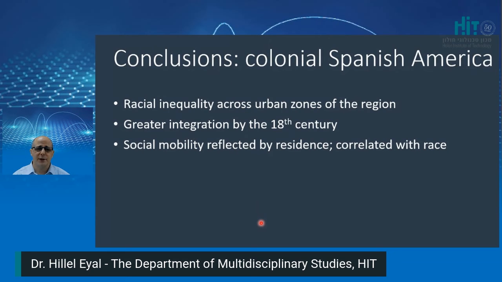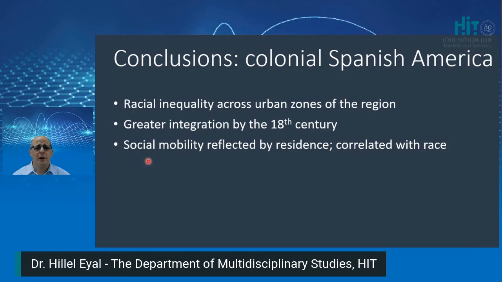Once again, the distinction we've seen between center and periphery of the city. At the same time, we see greater integration by the 18th century. We can detect that in the data we have seen for Mexico City, and also in the data on Spanish migrants, at least in the emerging centers of Caracas and Buenos Aires, where there's a greater dispersion of Spanish migrants throughout the city.